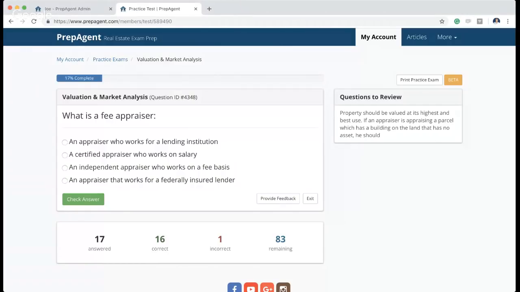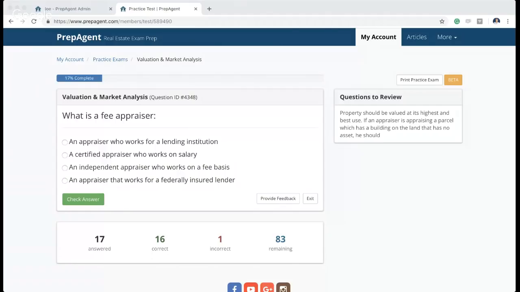Let's look at this question on the board. What is a fee appraiser? A, an appraiser who works for a lending institution. B, a certified appraiser who works on a salary. C, an independent appraiser who works on a fee basis.